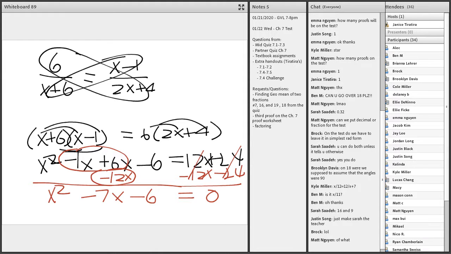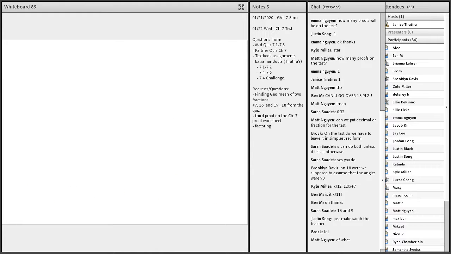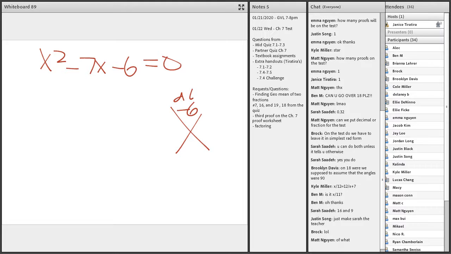Okay, x squared minus 7x minus 6. Still not done. And if you like the x box, you would multiply AC, so that's negative 6, and B, which is negative 7. The two numbers that multiply to negative 6 are 6 and 1.